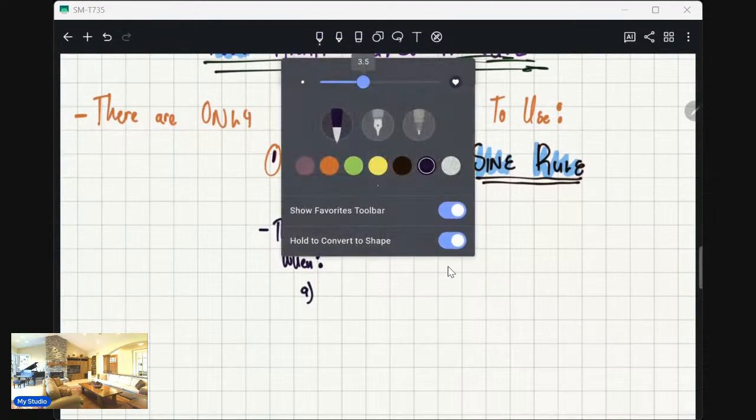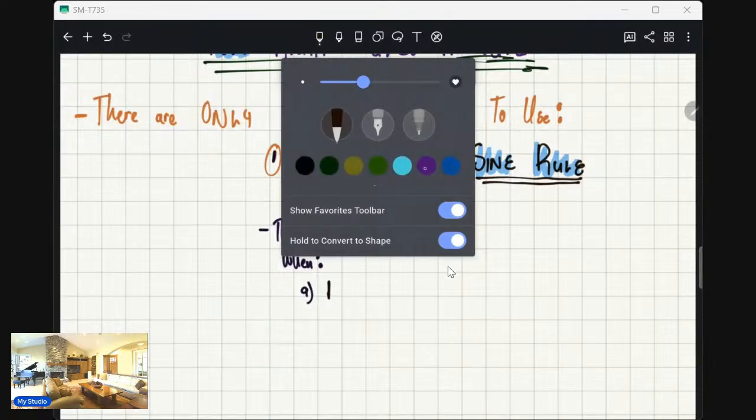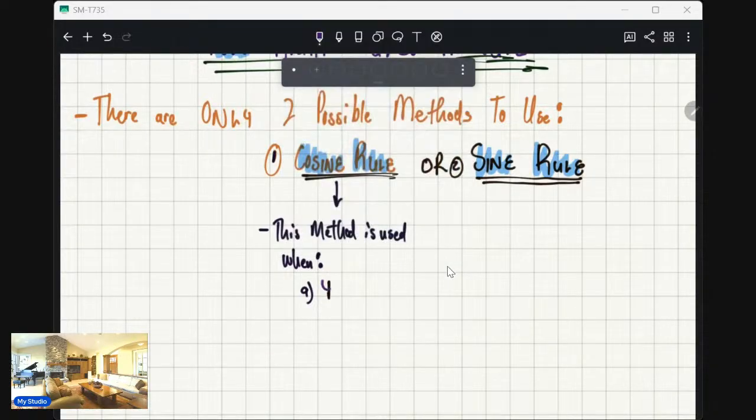When A, yes, is used when you are given all three sides. So basically, you are going to look at what you are given. If you are given all three sides, you must use the cosine rule.